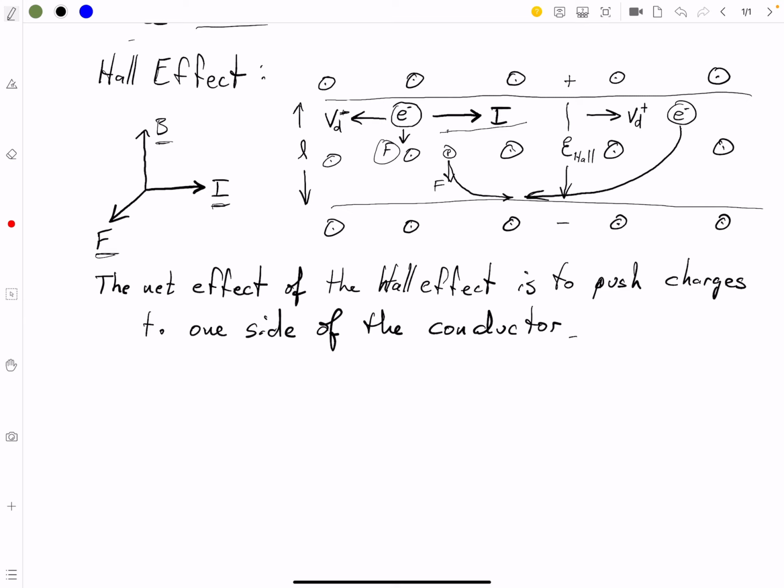Eventually, the charges are going to stack up at the bottom, and the electric force, QE, is going to equal the magnetic force with our drift velocity and our magnetic field, such that we can say QE equals QvdB.